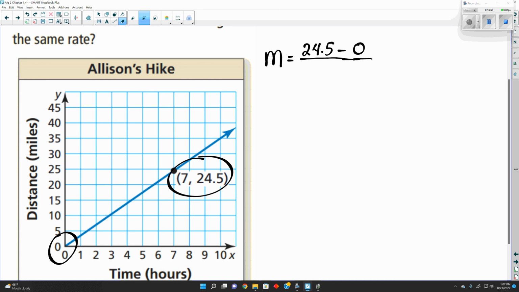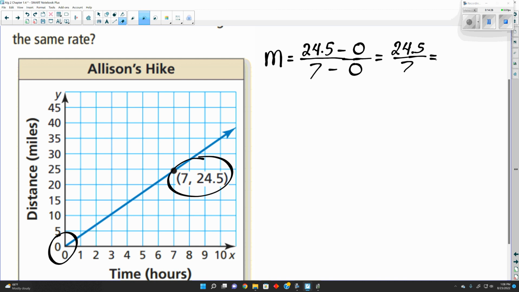So our starting x value is going to have to be 7 since we chose 24.5 first. Yes, make sure y is on top.